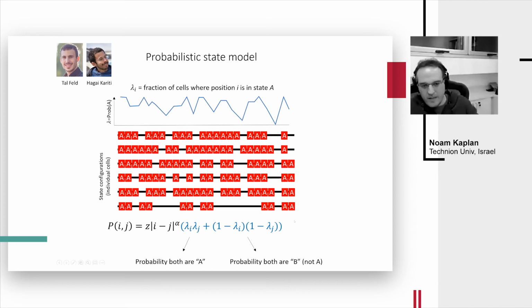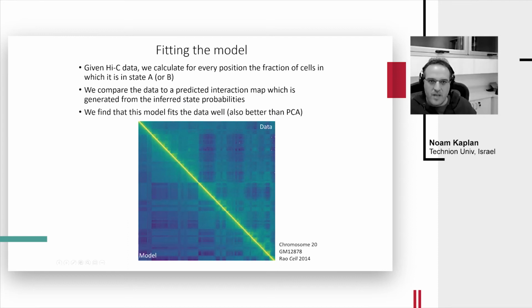You plug it into what I showed you before, and now you can estimate, for example, the parameters. Given Hi-C data, we calculate for every position this lambda, the fraction of cells in which it is in state A or B, which is the opposite.